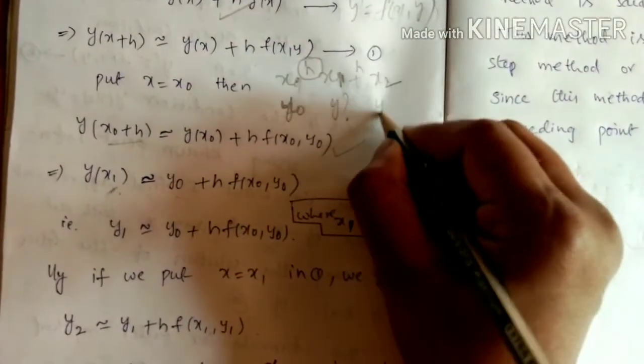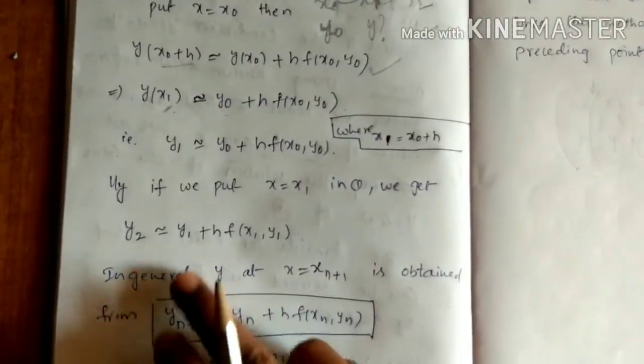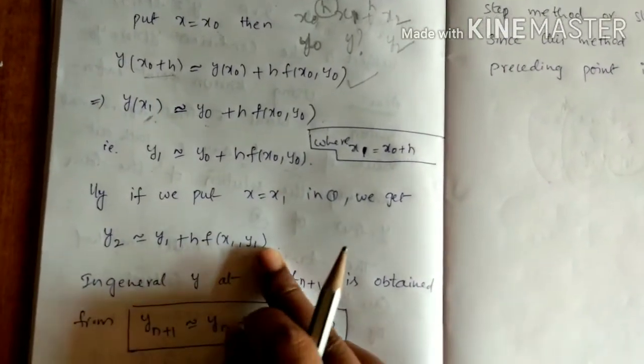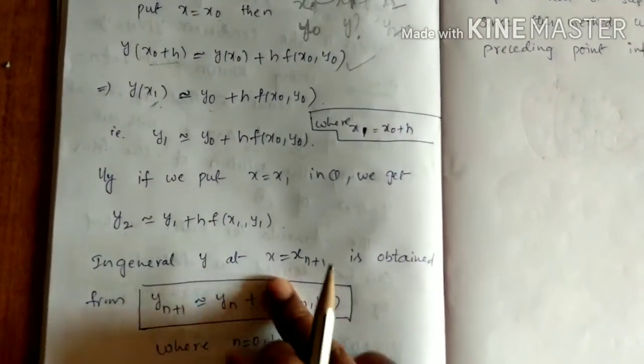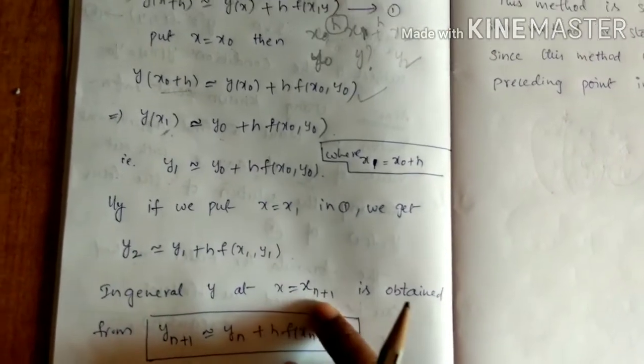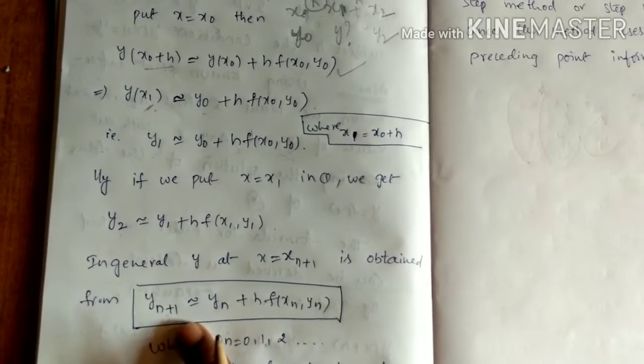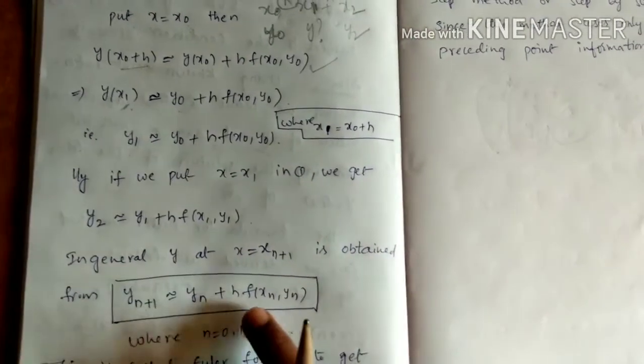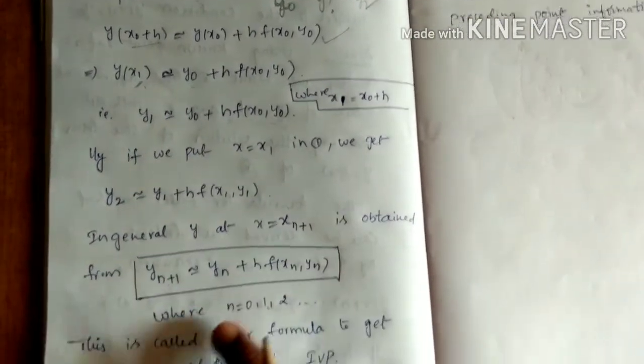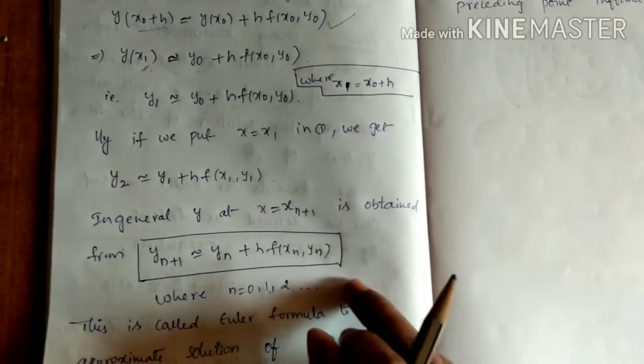Then the corresponding y will be y2, which is given by y1 plus h f of x1, y1. In general, y at x equal to xn plus 1 is obtained from yn plus 1 is approximately equal to yn plus h f of xn, yn, where n is equal to 0, 1, 2, 3 and so on.